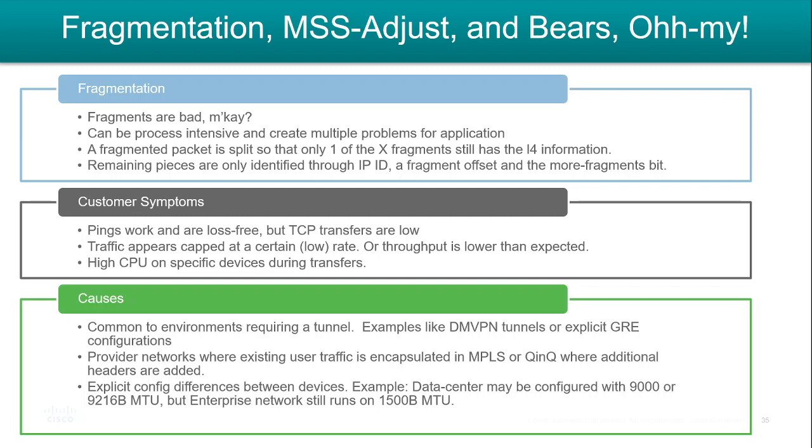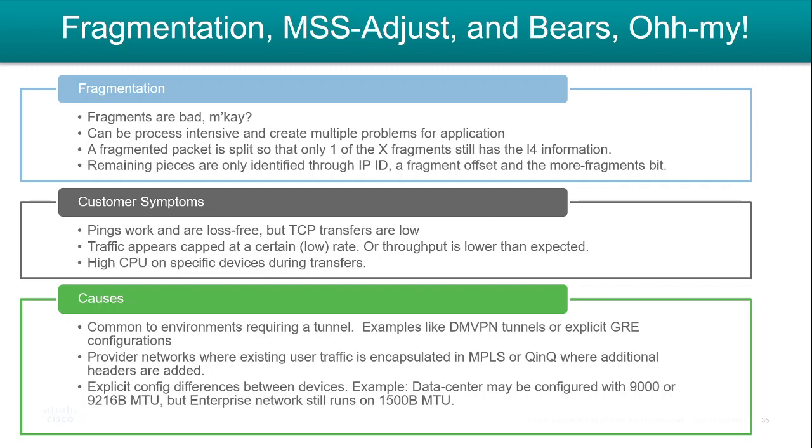So if we're dealing with an instance of fragmentation in a TCP flow, typically this means something like pings might work and be loss-free, but our TCP transfers are slow and they generate high CPU on intermediate devices. Or if you're looking at a packet capture, you'll see a lot of different fragmented IP packets within the capture itself.